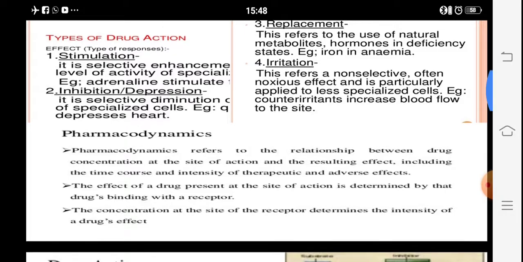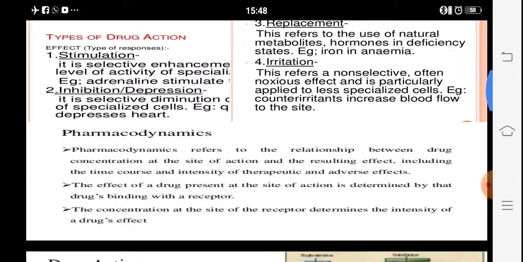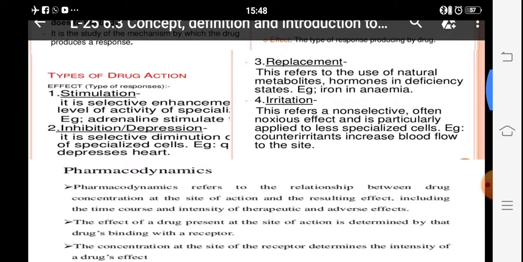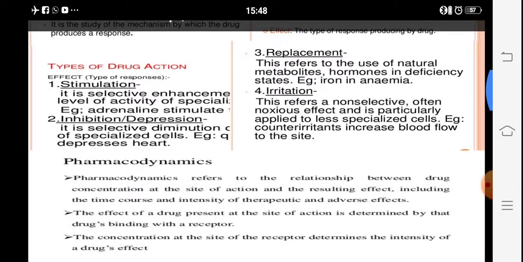Then inhibition, depression, so selective diminution of the activity of specialized cells. We know depressed heart function is there. Then replacement, so it refers to the use of natural metabolites, that is, hormone deficiency.